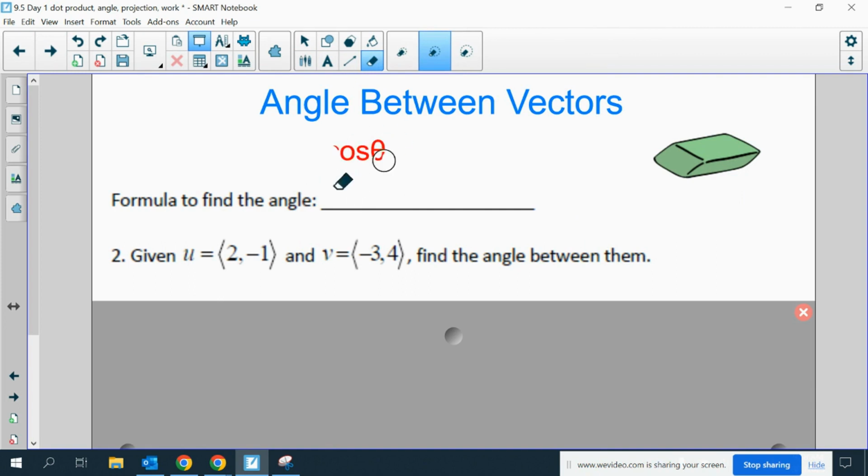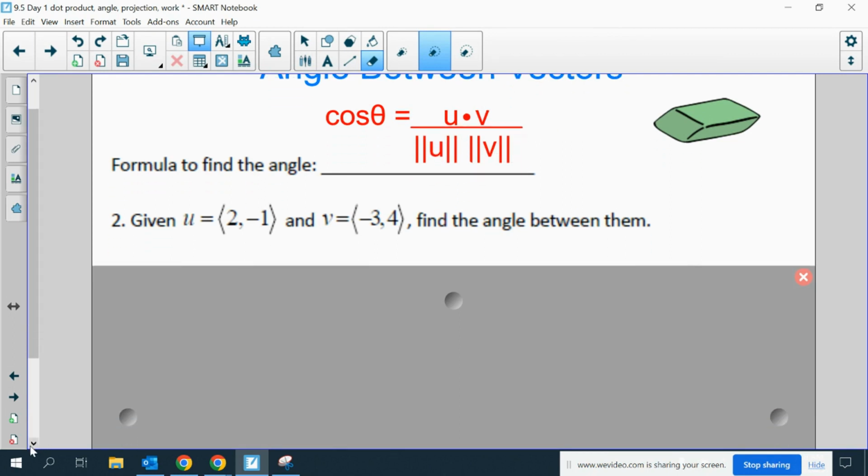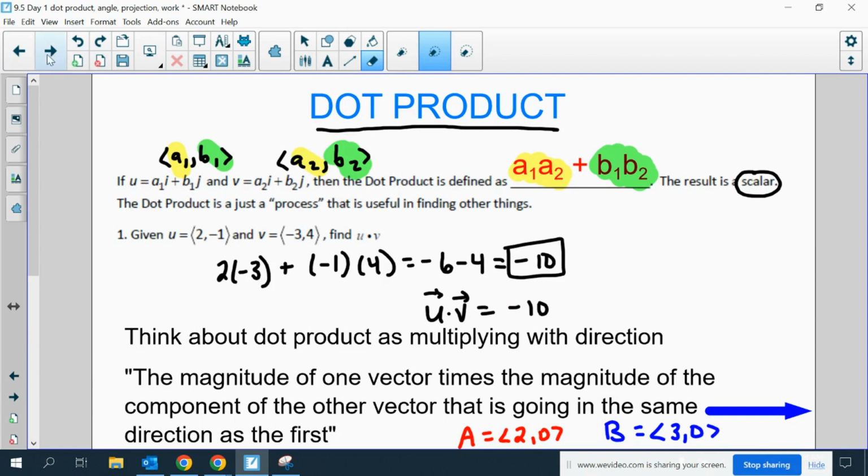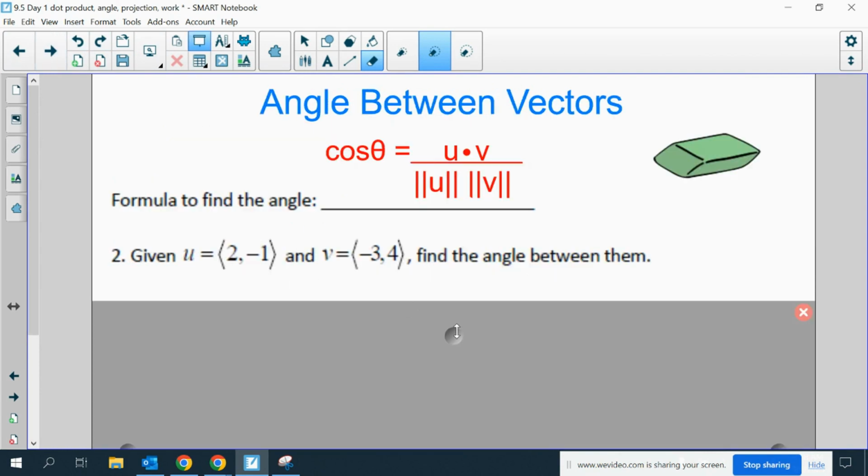To find the angle between the vectors, you can use a dot product calculation. So the cosine of theta between two vectors is u dot v divided by the magnitude of both of them. So now we have an angle formula. Given 2 comma -1 and -3 comma 4, which was our first example, we're going to find the angle in between them.